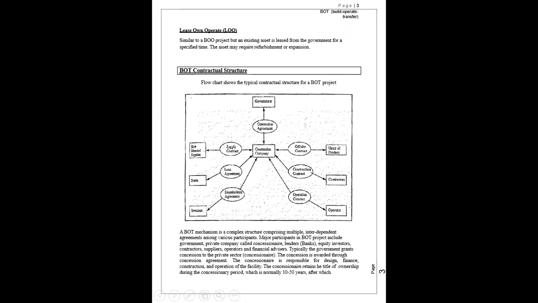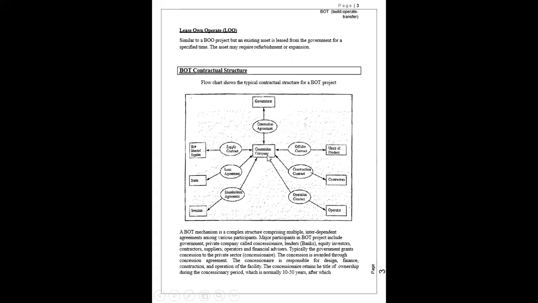So if you look at here, the concession company wants different facilities. So first, if the government wants a certain facility, then through this concession agreement, the government's single point of contact is the concession company.